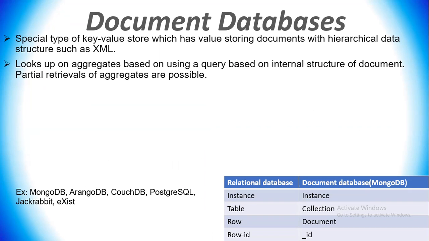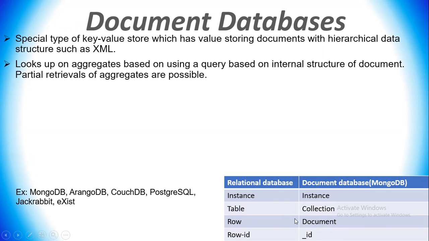Just like the key value databases, it looks for the aggregate. The aggregate is the document. It looks for the aggregate based on the ID.